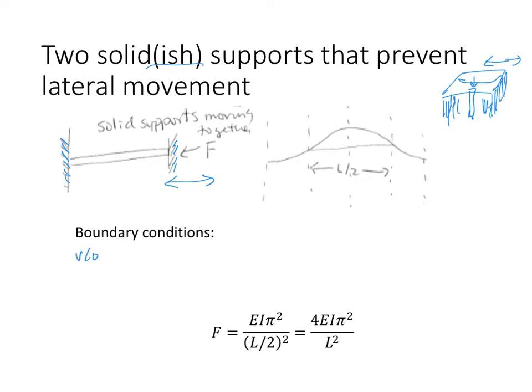Now in this case, we have the boundary conditions V of 0 and V of L are both 0, and the derivative, that is, the slope of the beam at both ends, is also 0. So we see that up here where the position is held at the same level relative to each other, the slope is 0 in both.